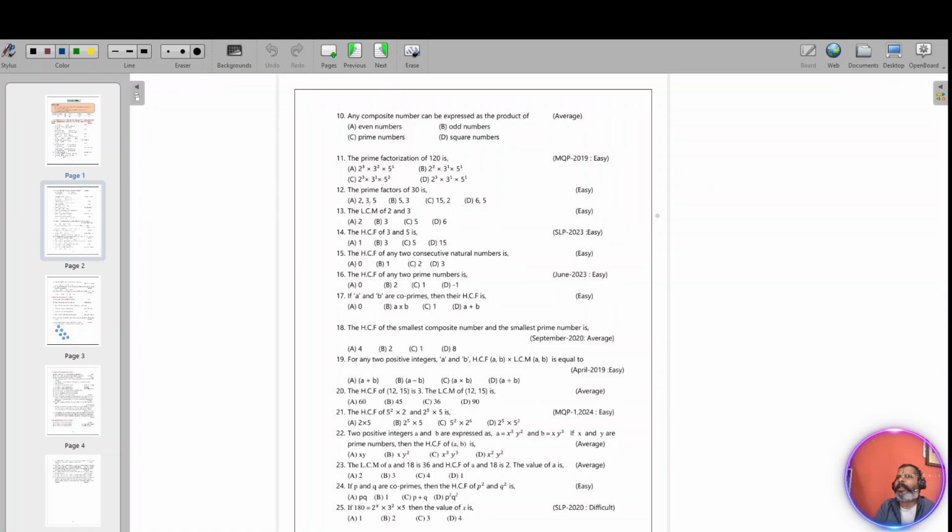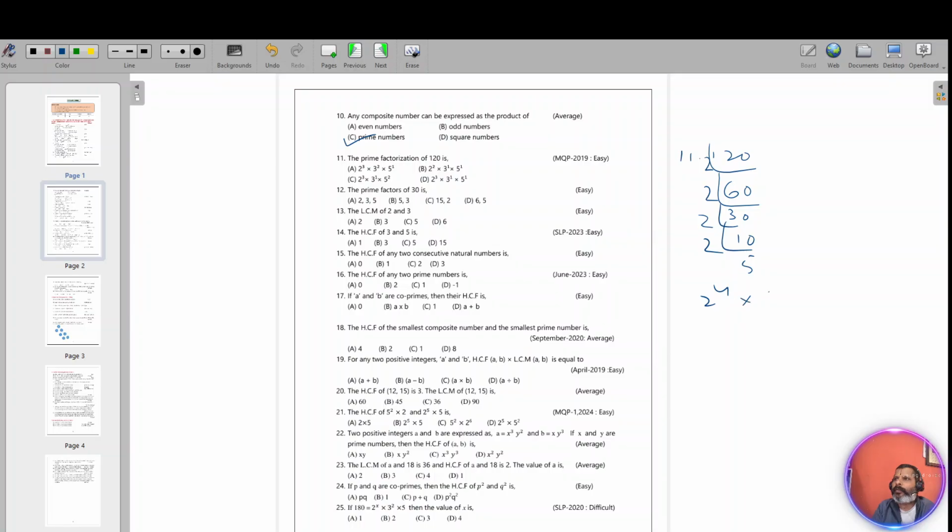Any composite number can be expressed as a product of prime numbers. The prime factorization of 120. You solve 120 by prime factorization. 2 6s, 2 3s, 2 10s, 2 5s.